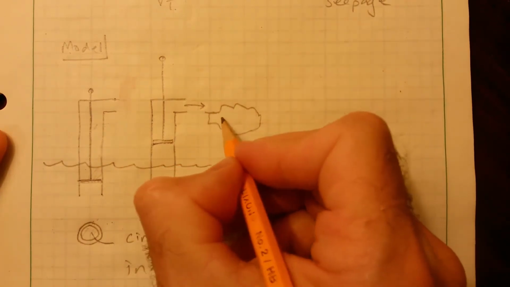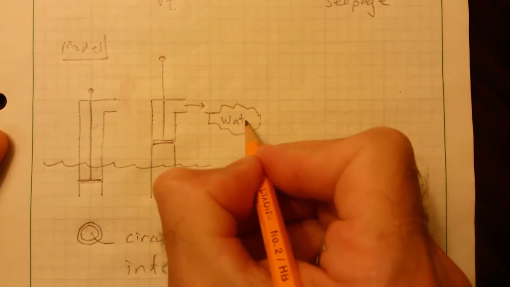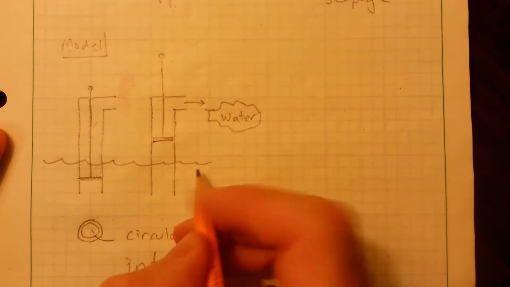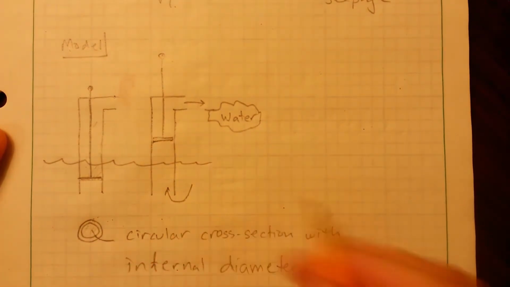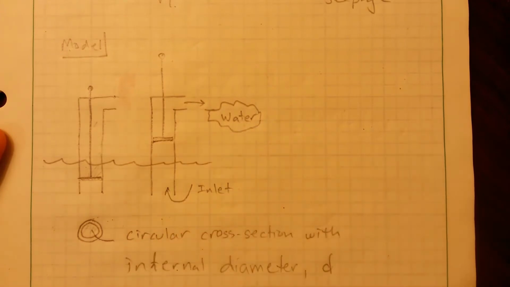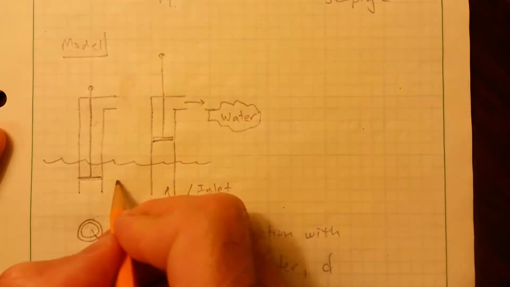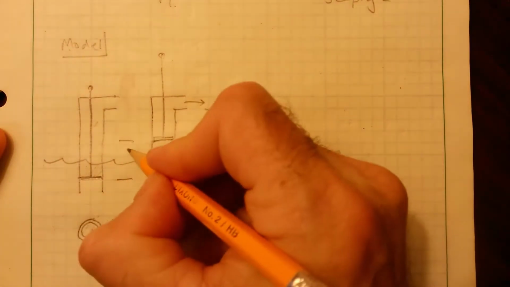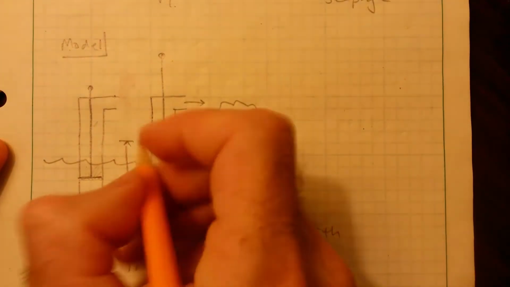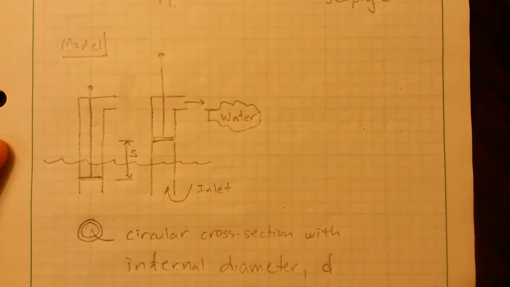So here's a blob of water that's come out. And as that water was discharged, more water flows up into the inlet port of the pump. The piston has moved a distance x, or I'm going to call it S in this particular analysis.